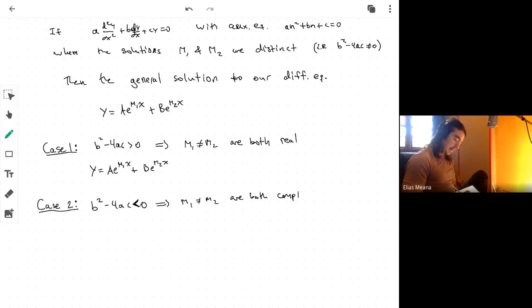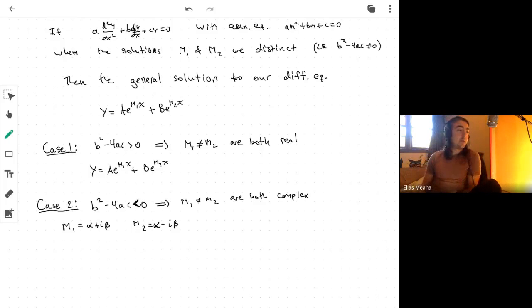Since they must be complex conjugates of each other, we can write m1 equals alpha plus i beta, and m2 equals alpha minus i beta. That has to be the case.